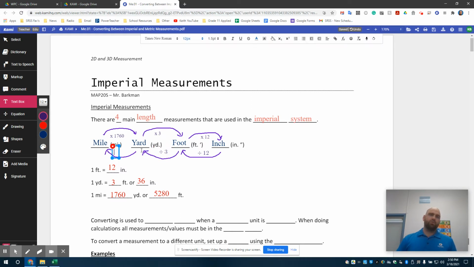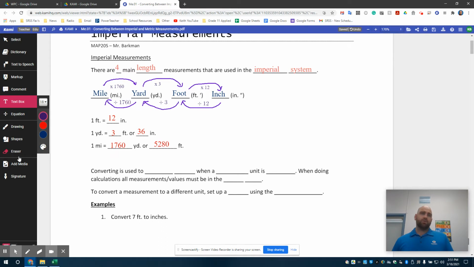And if we want to go from yards into miles, we divide by 1,760. So again, each one of these calculations, we can go from one to the other. If we want to go multiple steps, so let's say we want to go from miles into feet, we can multiply by 1,760 and then multiply by 3, and that would give us that as well. So that's one way of thinking about converting between lengths.